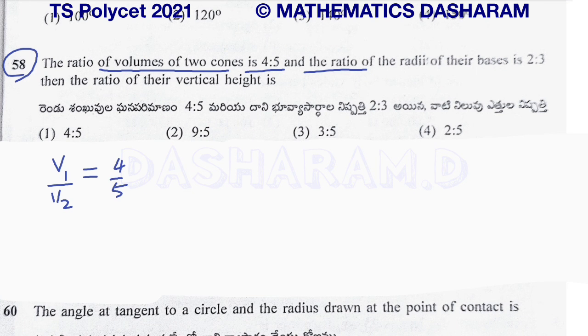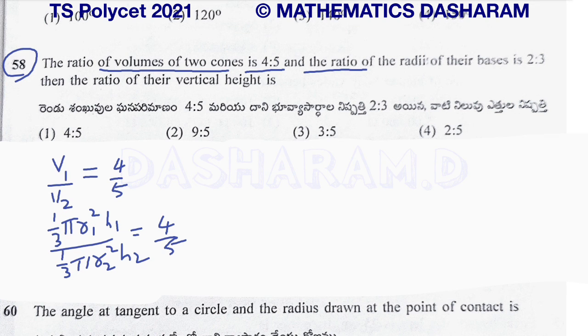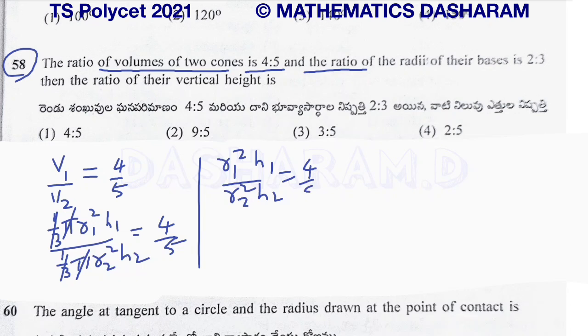The volume of a cone formula is 1/3 pi r1 square h1 over 1/3 pi r2 square h2 equal to 4/5, because there are two different cones. 1/3 pi cancels. Then r1 square h1 by r2 square h2 equals 4/5.